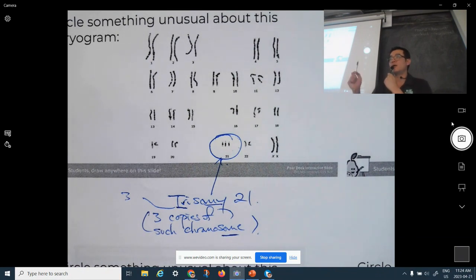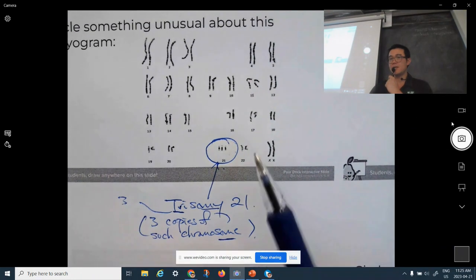Now, not all trisomy conditions are viable. What it means is that for some chromosomes, if you have an extra copy of it, that embryo will not be carried to term. Something will be wrong and there will be a miscarriage. Some will work.